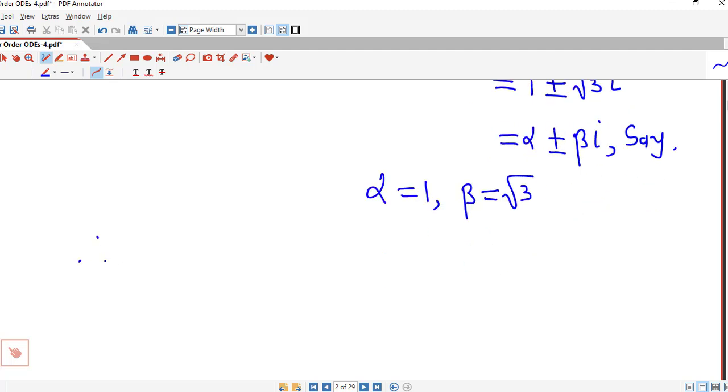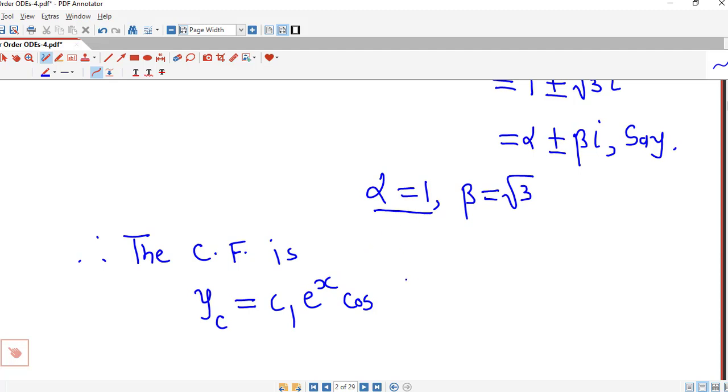So therefore the complementary function is y suffix c equal to c1 e raised to alpha x, that is e raised to x, cos beta x, that is cos square root of 3 into x, plus c2 e raised to alpha x sin beta x, that is sin square root of 3 into x.